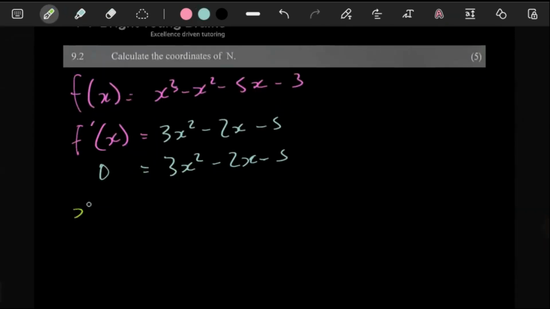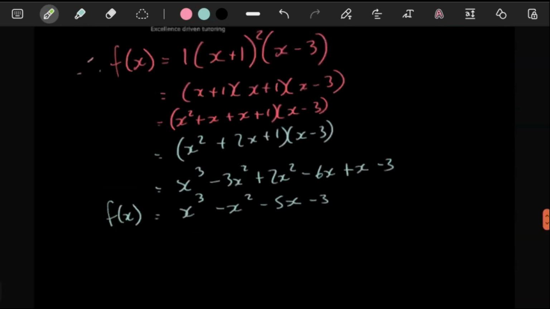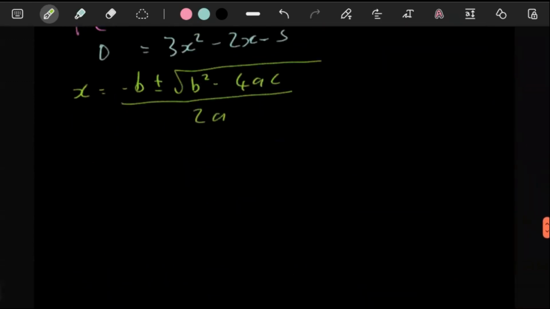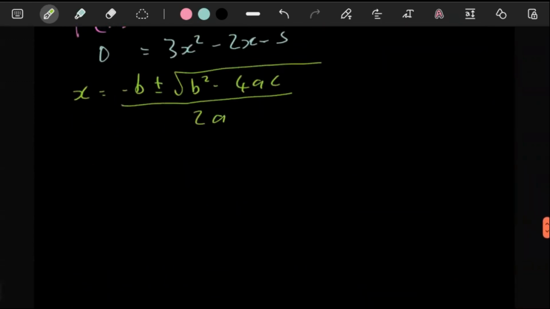Solving for x, the best you can do is to just use the quadratic formula. In the quadratic formula, what we are already expecting is one x value that is equal to negative 1. If we don't get a negative 1 in one of the answers, then we did something wrong. Guaranteed.